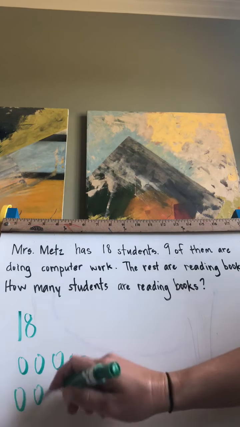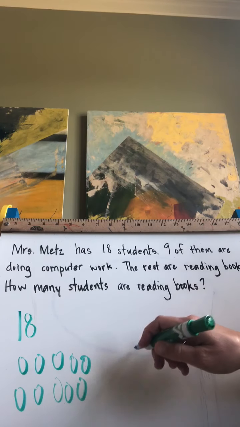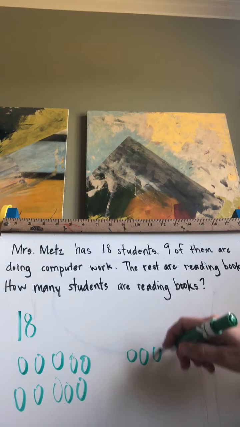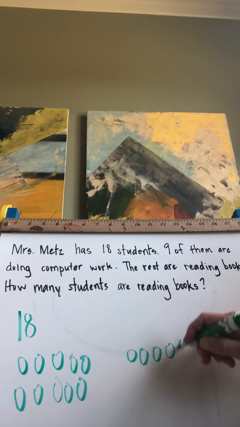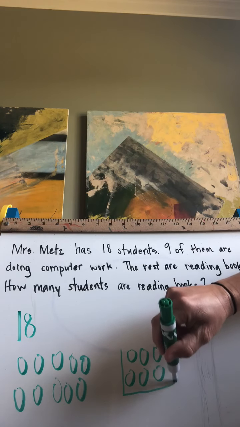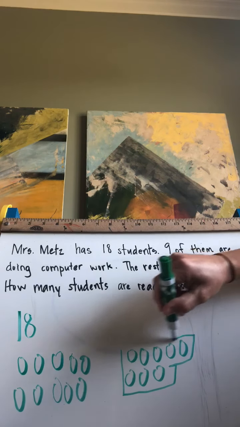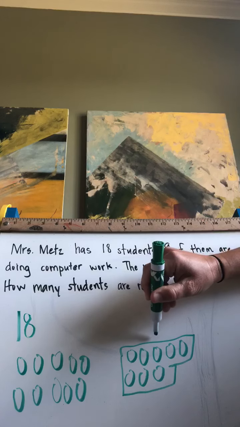So I've got 10 right here and 8 right here. So there are my 18 students. Now, I need to see how many of them are reading books. Well, the first thing I'm going to do is I'm going to say all of these guys right here, that is 8.